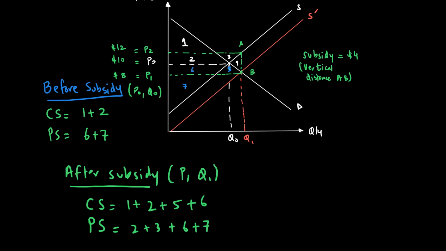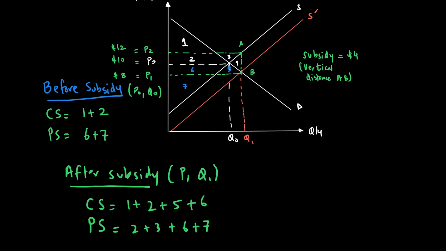What is important to note here is that although this is my supply curve after subsidy, this is an artificial increase in supply. The true cost for the producer is still this white curve. Therefore, from a producer perspective, when he looks at his producer surplus, he goes back to this supply curve. So for quantity Q1, with P2 as the price, 2, 3, 6 and 7 will be my producer surplus.